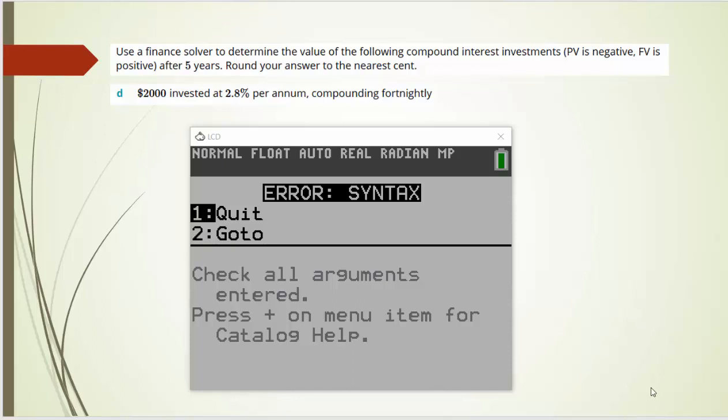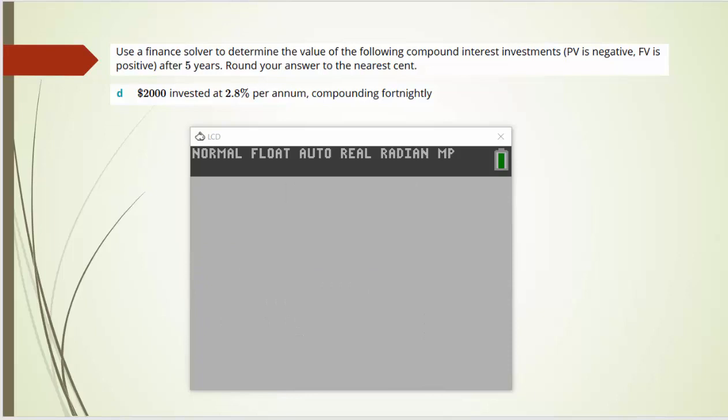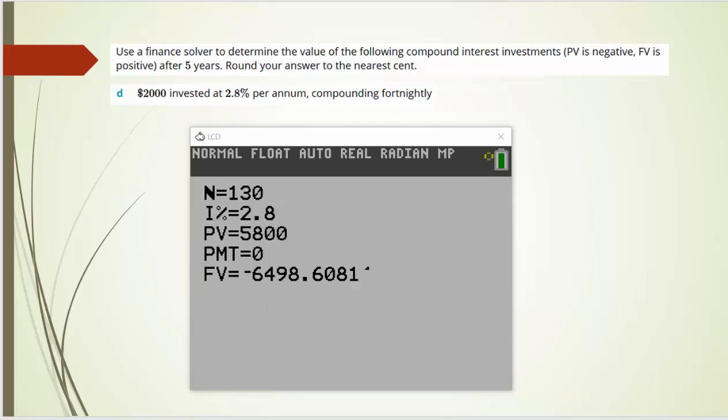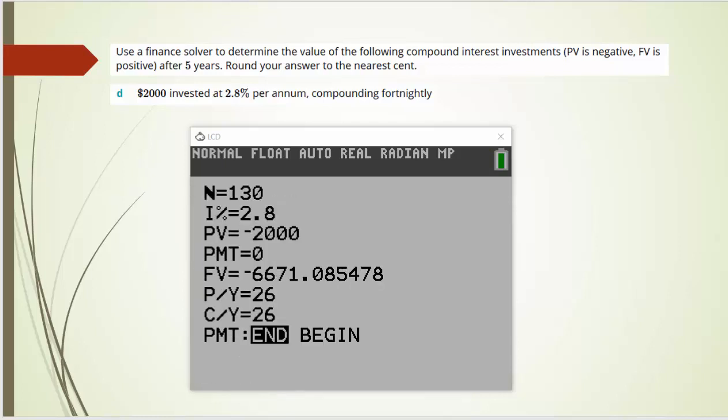Didn't like that. Don't worry if it quits, just go Apps, Finance, Enter, and the numbers you had in there will still be there, the negative 2,000, not minus 2,000. Let's try and solve that one.